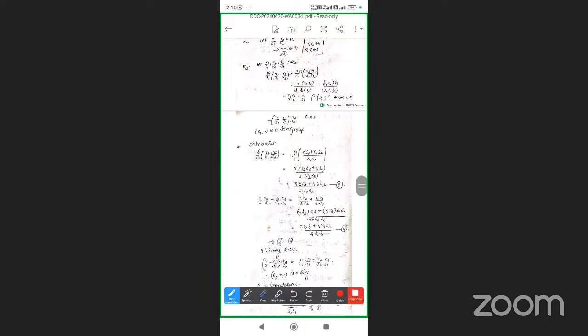Take R1 by S1, R2 by S2, R3 by S3 belonging to the ring of fractions RS. R1 by S1 times the product of R2 by S2 and R3 by S3 is equal to R1 by S1 times R2 R3 by S2 S3.